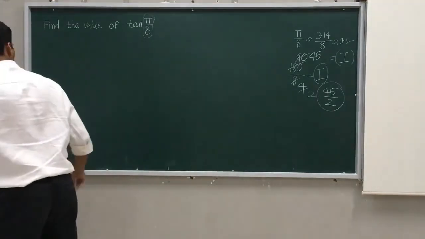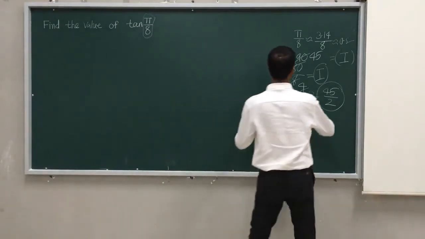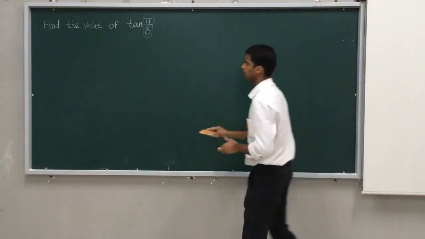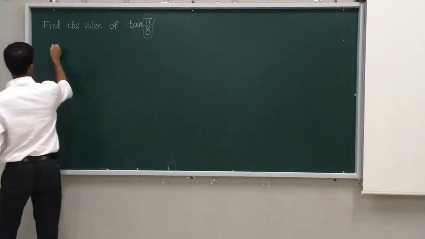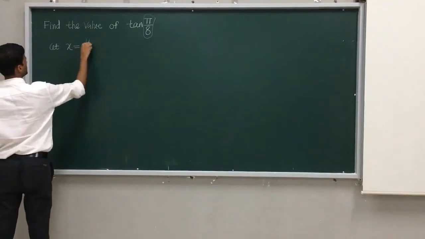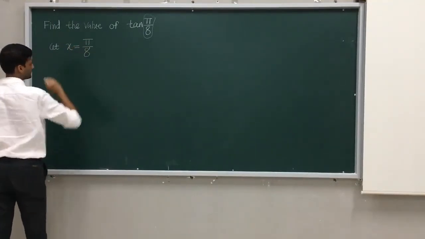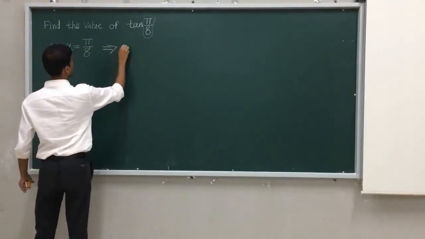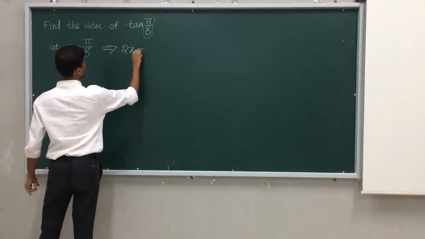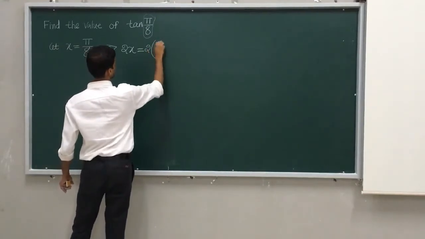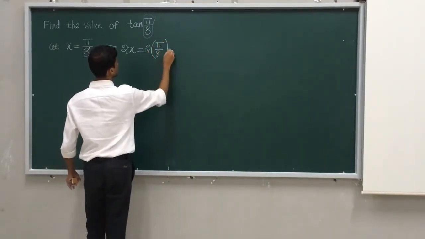Now, how to find its value? See, what we will do here is let x equal to pi by 8, which implies 2 times x is nothing but 2 times pi by 8. What is 2 times pi by 8?